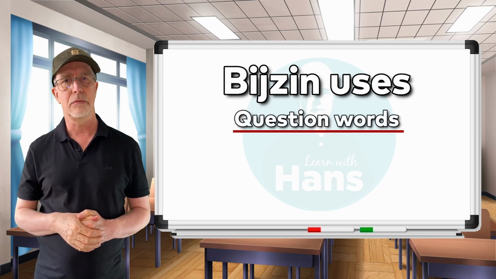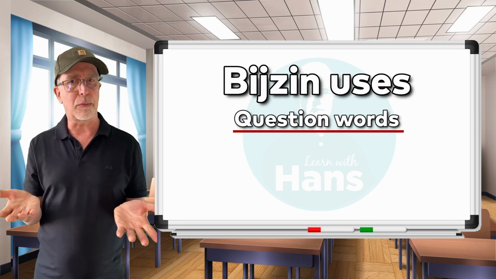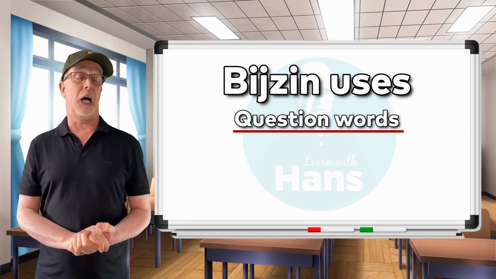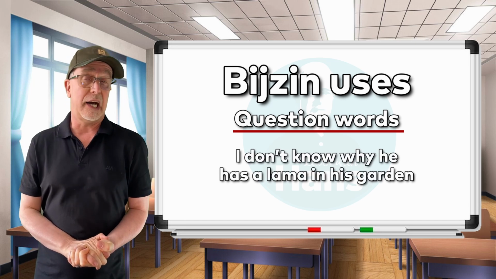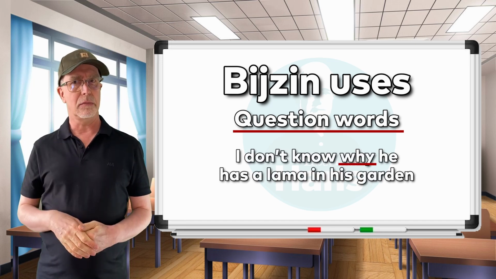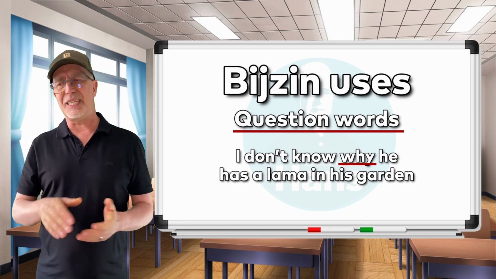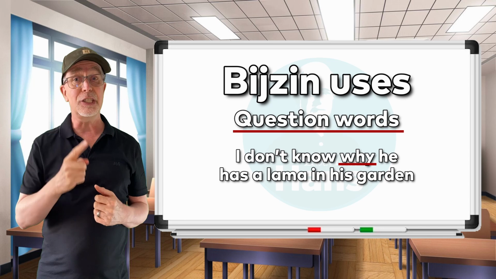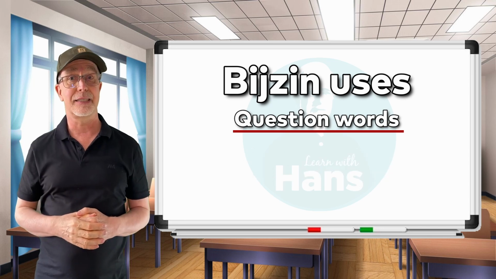And the third one is when I have a question word, but it doesn't make a question. In English, we do the same thing. Think of this sentence: I don't know why he has a llama in his garden. Why is the question word. But in English, we just follow with a normal sentence. In Dutch, it sounds like this.